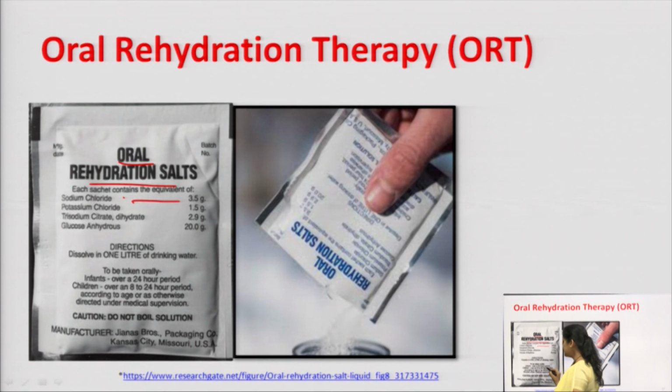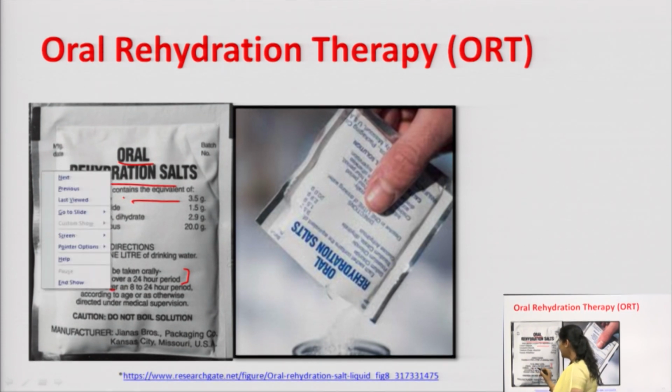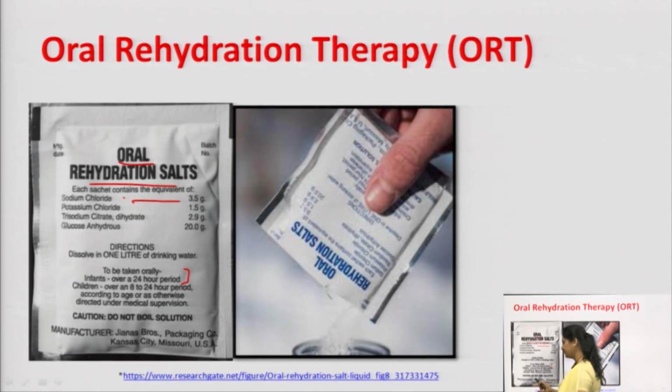In case of infants, over a 24-hour period, 1 liter is sufficient for the babies. Then for children above 8, not infants, the dose is to be given over an 8 to 24-hour period, right.